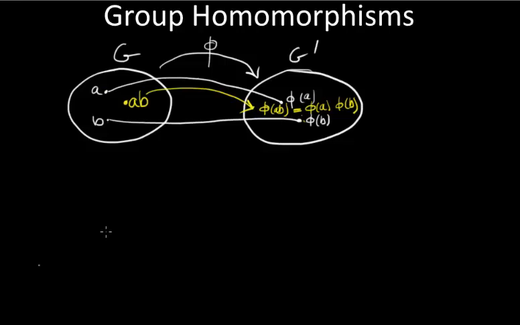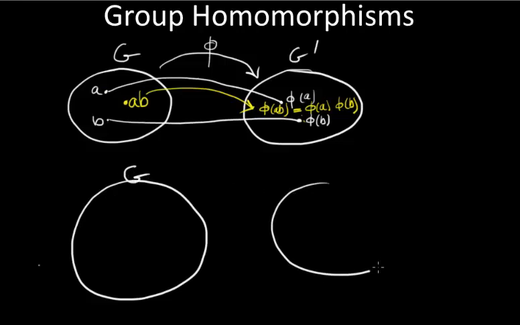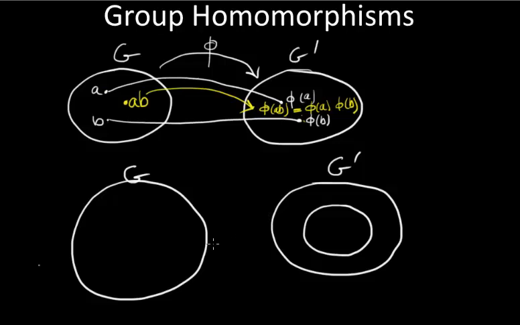Now there's one other thing I'd like to include in this picture that I didn't talk about much in the video, but we will in class. Let's say this is G again, and G prime. Every element of G will be mapped to an element of G prime, but not necessarily will every element of G prime get hit.